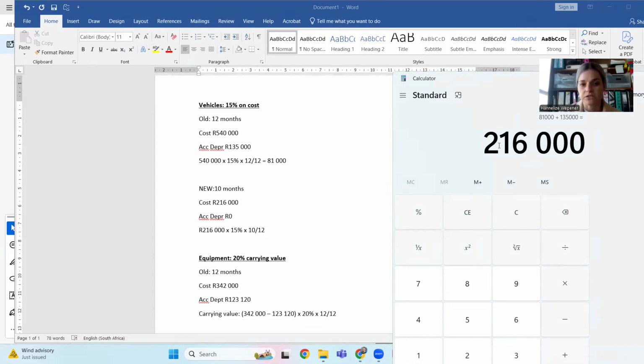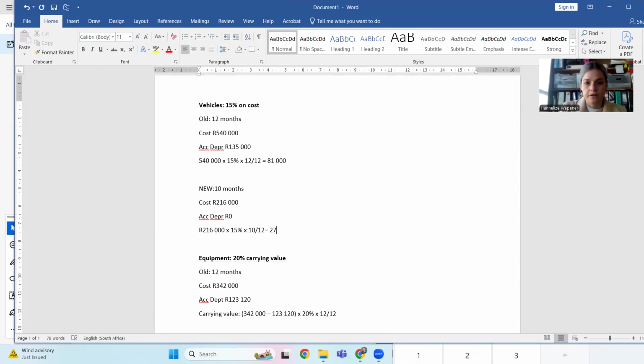But we are still fine because it's only 216,000 now and cost is 540. Then for the new ones, 216 times 0.15 for only 10 out of the 12 months, so 27,000.